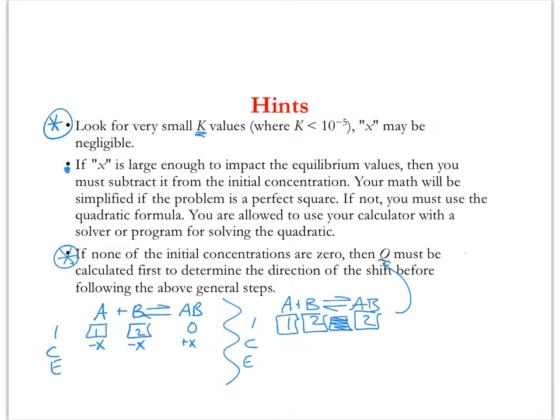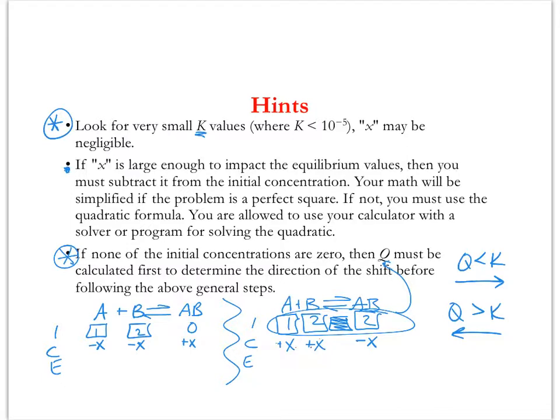Because remember, if Q is less than K, the reaction will go forward. A and B would be lost, AB would be gained. However, if you calculate Q and Q is greater than K, the reaction would proceed in the reverse direction, in which case you'd lose AB and you would gain A and B. So we'll look at a couple examples of those in class as well, where you're given starting amounts of all of your reactants and products.